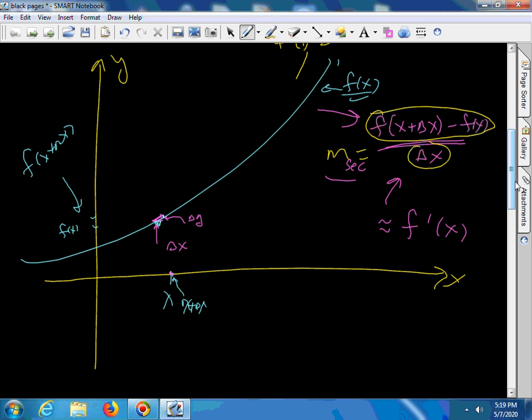And the change in y is the same as that distance, which is f of that minus f of that, which gives me my top formula. And this little horizontal distance in the bottom is the same as, hard to even draw it, this little piece here, this little piece there, and it's delta x.